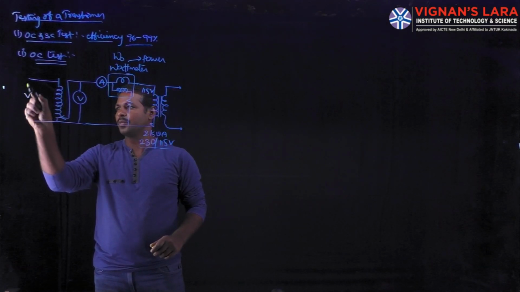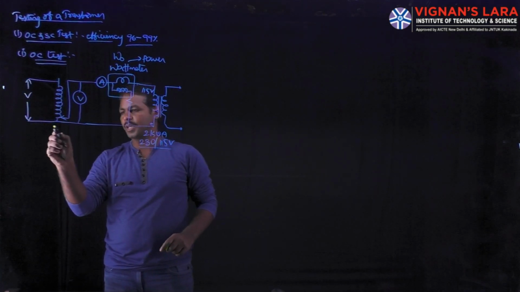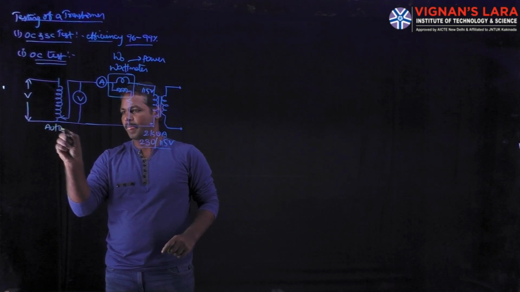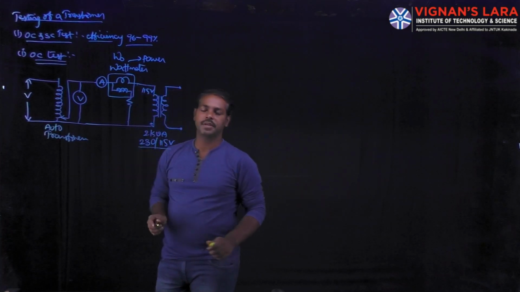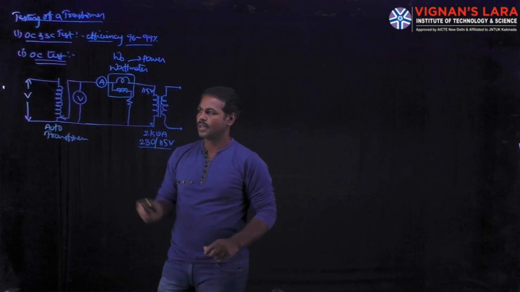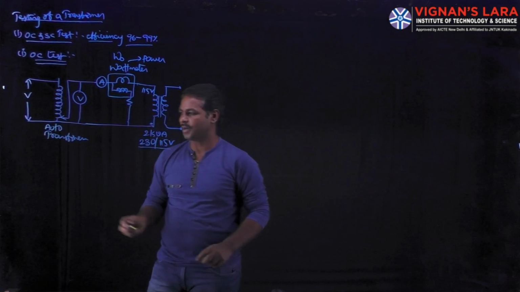The input voltage is whatever supply is directly given to the auto transformer or voltage divider. So this is the basic circuit of an open circuit test. The secondary of the transformer is always open circuited.